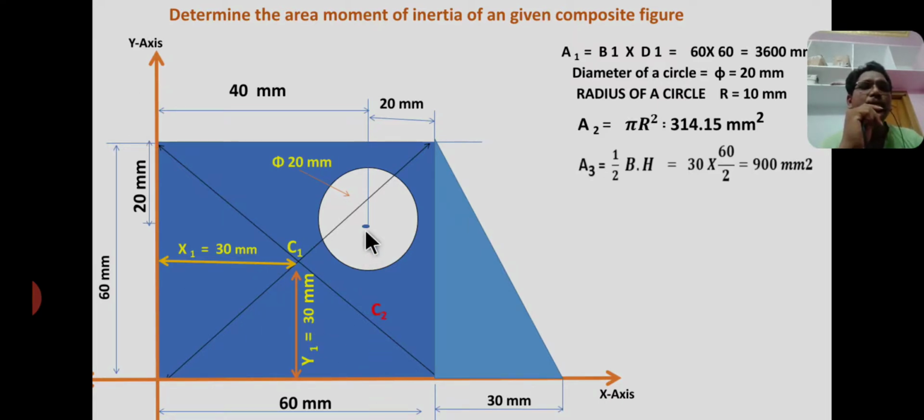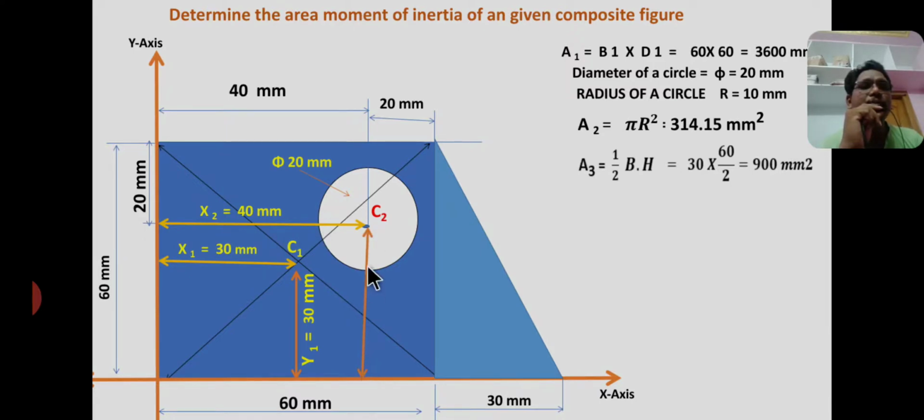Now C2 is the centroid of the circle. The centroid of a circle lies at the center of the circle. So this center point is the centroid of the circle. The centroid C2 lies at a distance of x2 from here to here, x2 equal to 40 mm, which is already given in the problem.